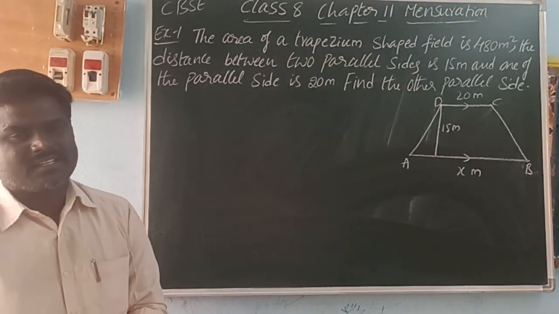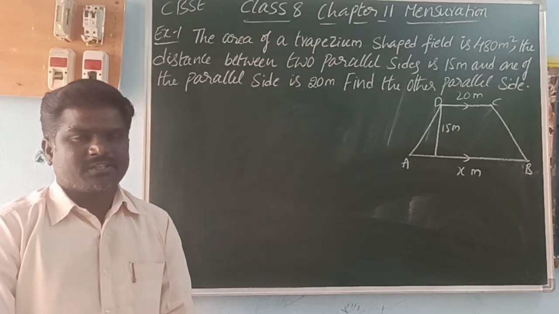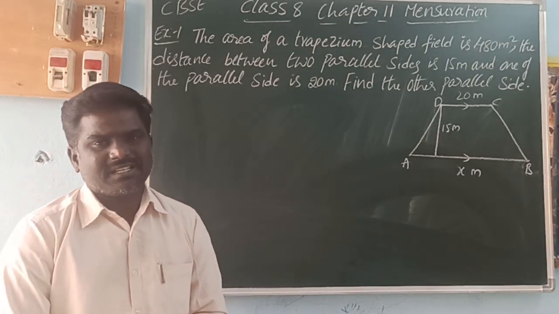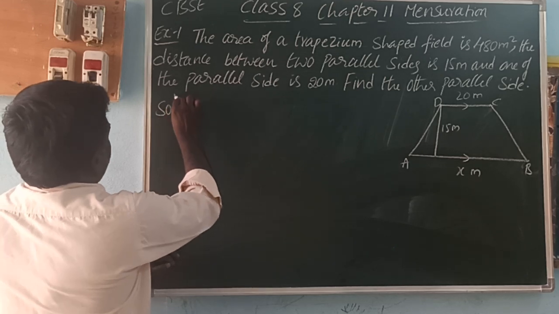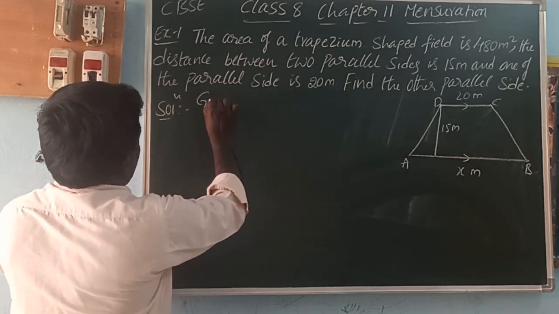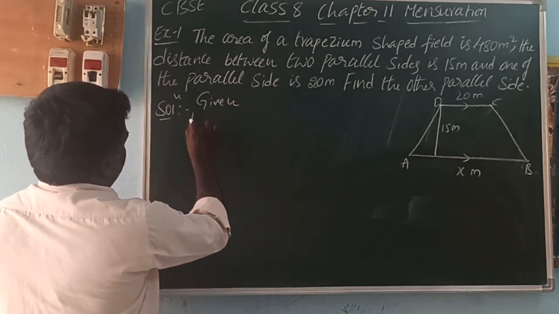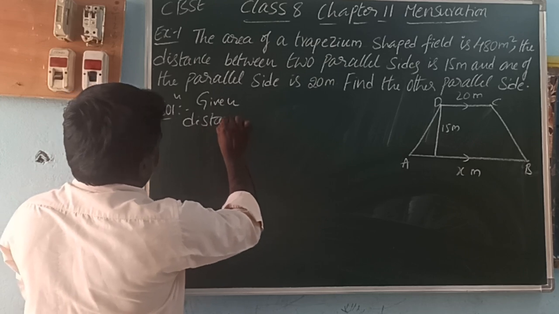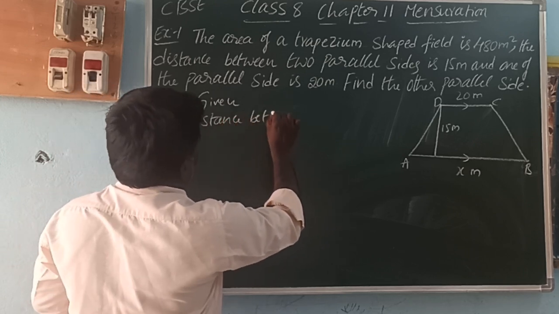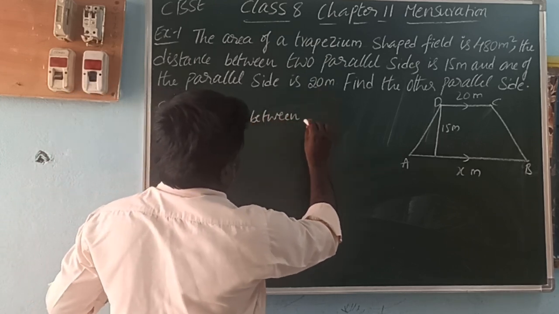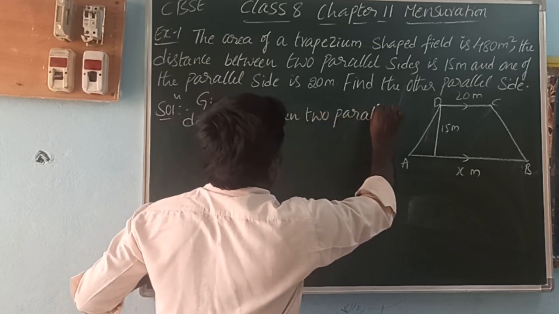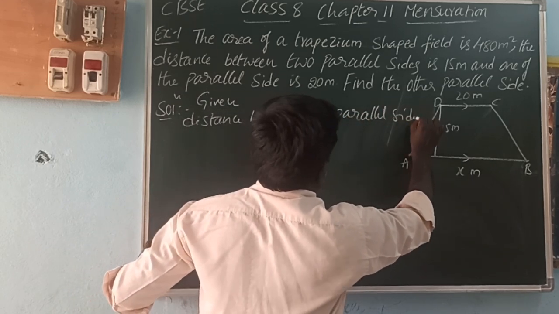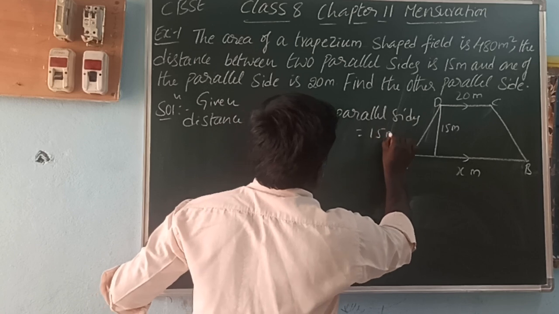So here, what is the area of the trapezium formula? 1 by 2 into h of a plus b. So here, given the distance between two parallel sides is 15 meter.